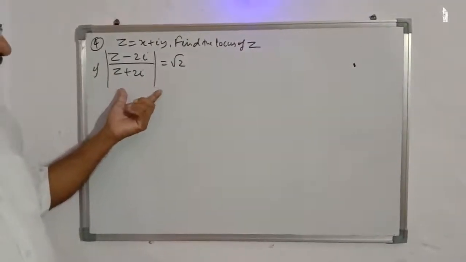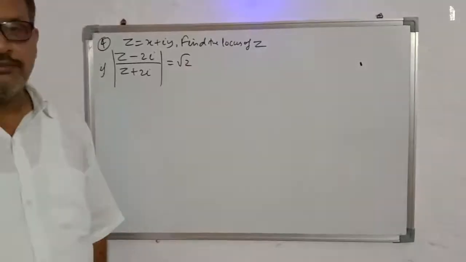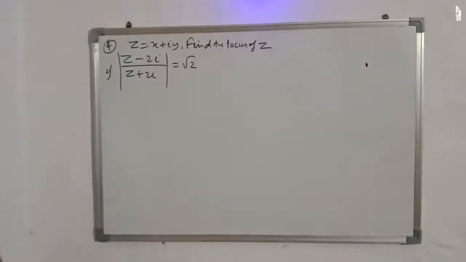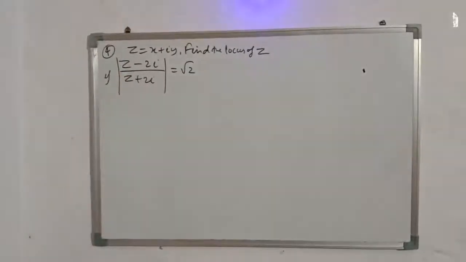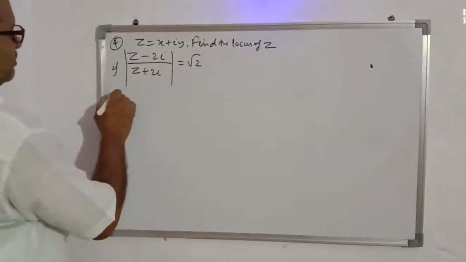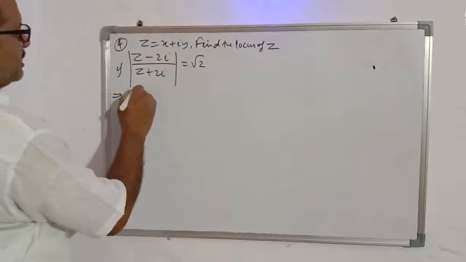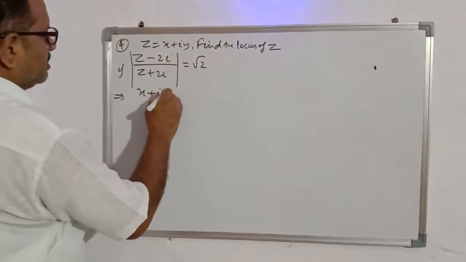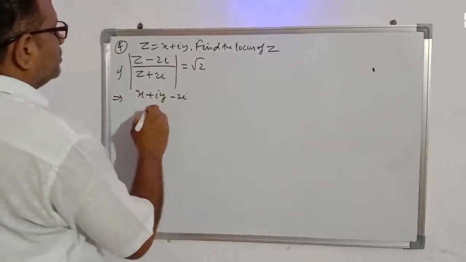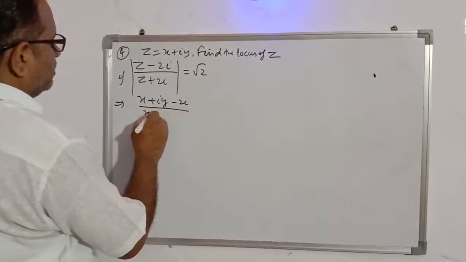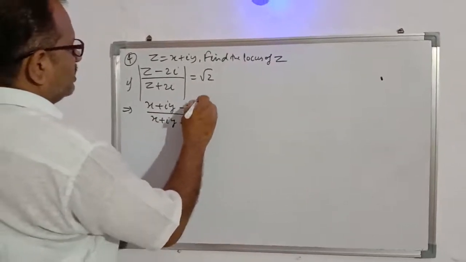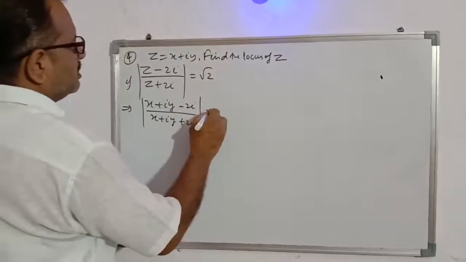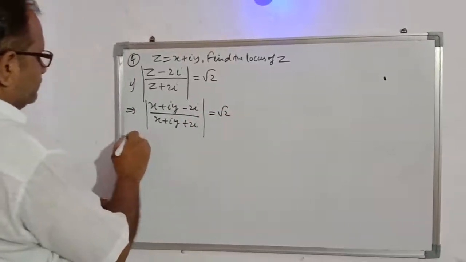We have to represent that geometric figure also in the complex plane. So what is z? z is x plus iy, so in place of z, write x plus iy minus 2i upon x plus iy plus 2i, mod is equal to root 2.